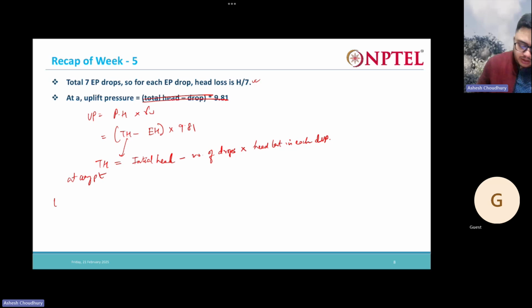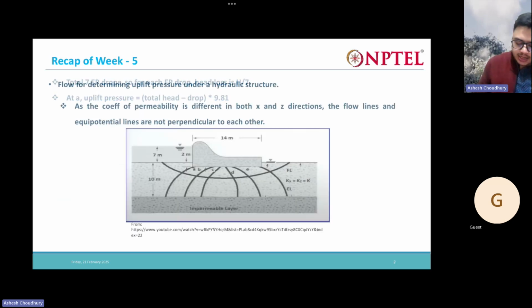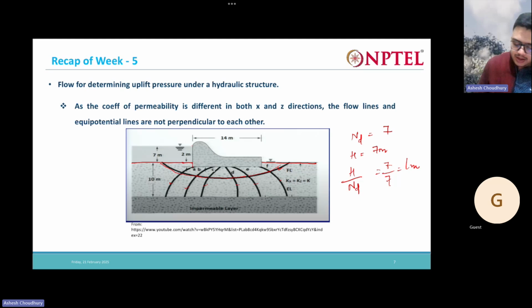So if you want to write the uplift pressure at A, what is my total head? The total head at this level is 7, that is the initial head.